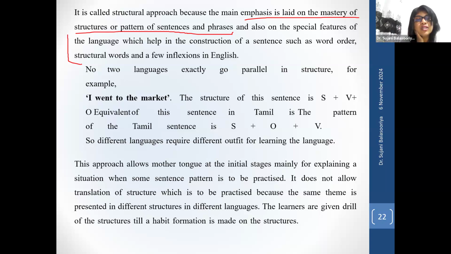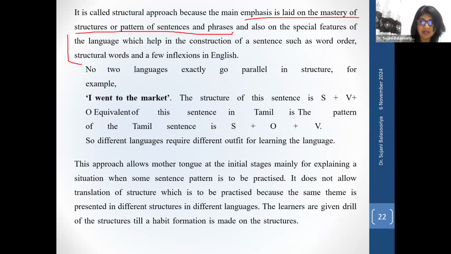So this approach allows mother tongue at the initial stages mainly for explaining a situation. When some sentence pattern is to be practiced, situation is given prominence actually. It is explained there and it does not allow translation of structure, which is to be practiced, because the same theme is presented in different structures in different languages.